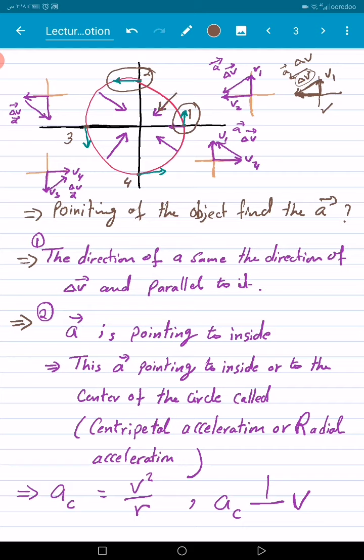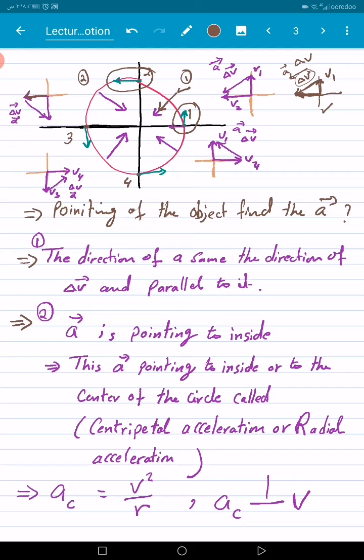Number 2. Now I finish this part. That is part 1. Now part 2, the same things. I put my cross. Where is V2? V2 is at this point. I respected its direction and its magnitude.